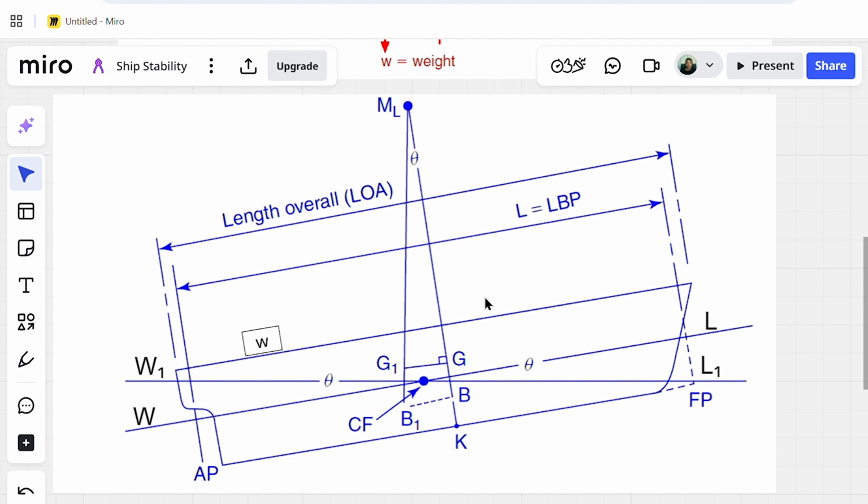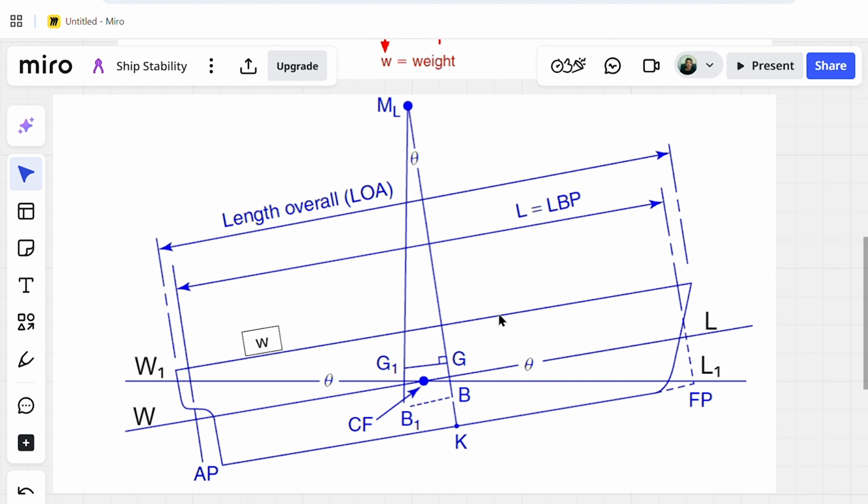So the terms here are KML, then we have BML and GML. In order to find KML, we can add KB plus BML, and in order to find GML, we can subtract KG from KML. So KML minus KG will give GML.